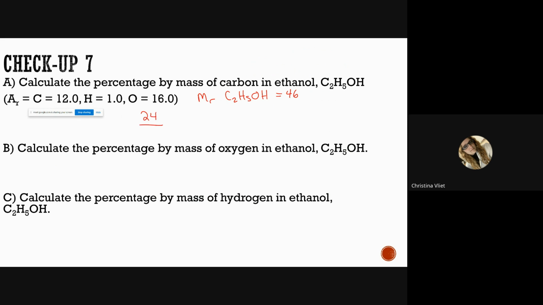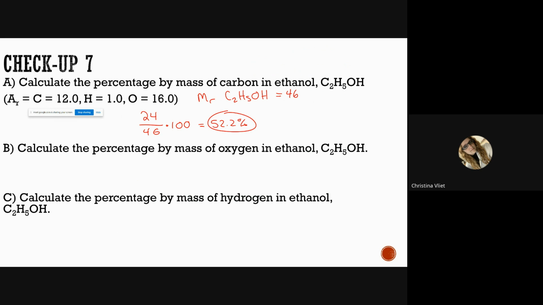So you do 24 divided by 46 and multiply by 100. And so when you do that, I didn't write it down. I believe it was 52.2%. We have 52.2% for the first one.